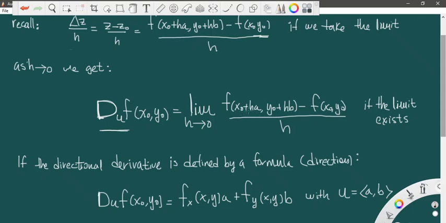And remember that we are adding only this component of x and component of y to the general expression, because we are not moving exactly in the x direction or in the y direction. We are moving a little bit in x and a little bit in y. And this is going to be the end point, and the first point is going to be f evaluated at x sub 0, y sub 0 values.